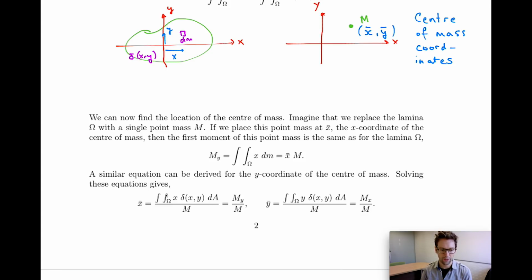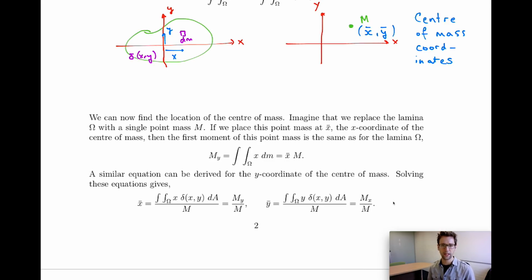We can do the same thing for the y-coordinate, and we get these equations. The x-coordinate is given by 1 over M times this integral, which is the first moment about the y-axis divided by M, and the y-coordinate will be the first moment about the x-axis divided by M.